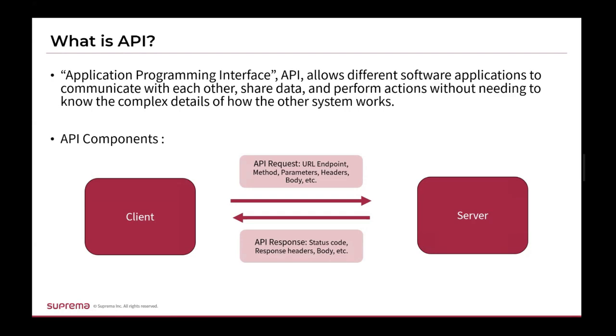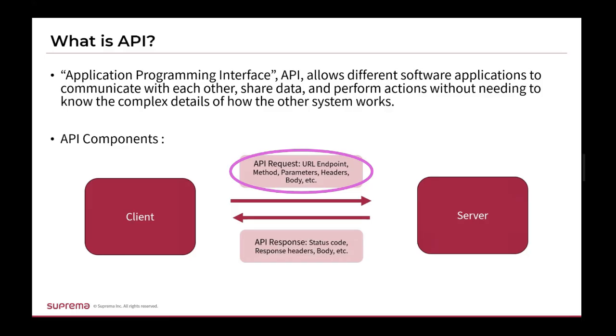Let's take a look at some of its main components. The API client is a software component that initiates the communication by sending requests to the API server. For example, it could be a web browser, a mobile app, etc. Then we have the actual API request.